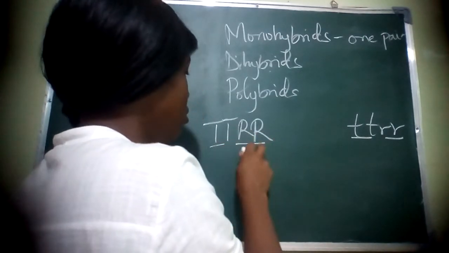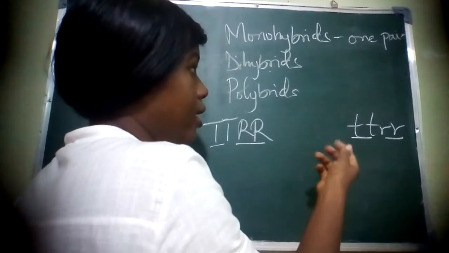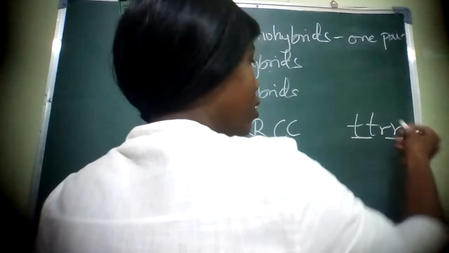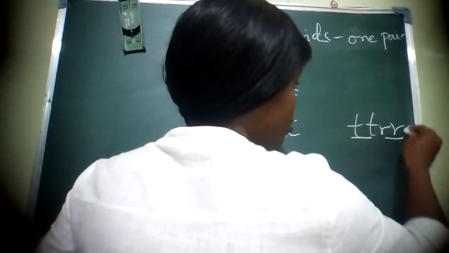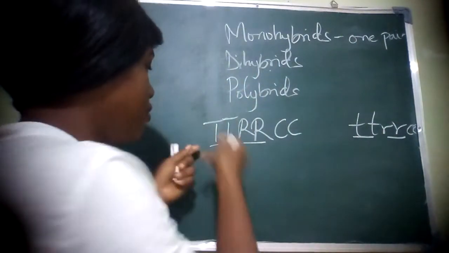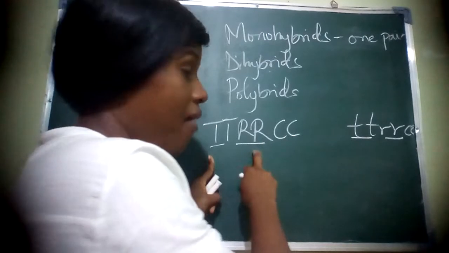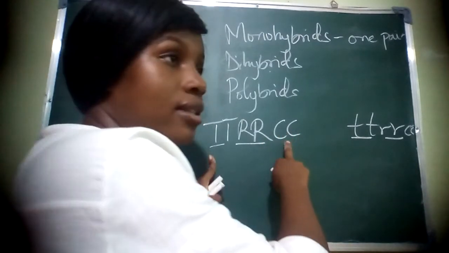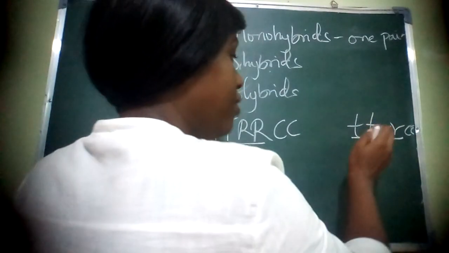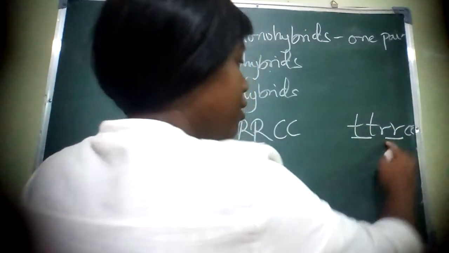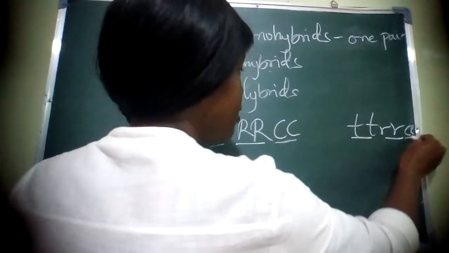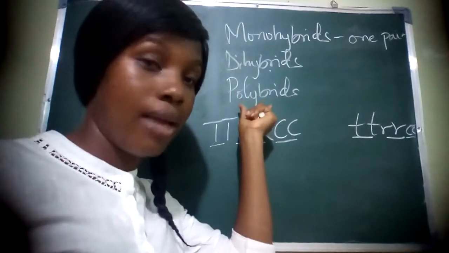Okay, tall, red flowers, let's say constricted pods or inflated pods. So you have a tall parent, red flowers, inflated pod shape. Here you have the short parent, white flowers, and constricted pods. So these are three pairs of contrasting characters. Those will give you polyhybrids.